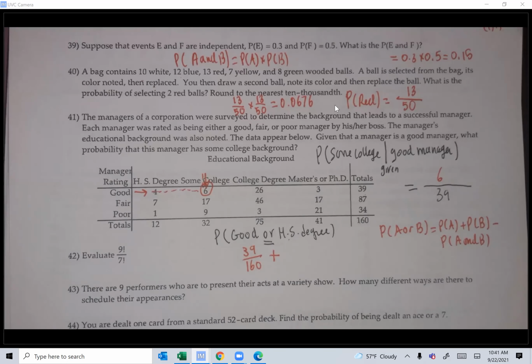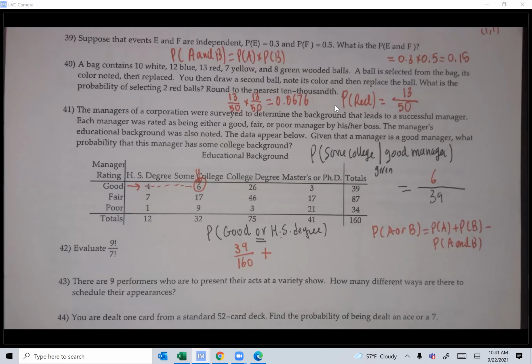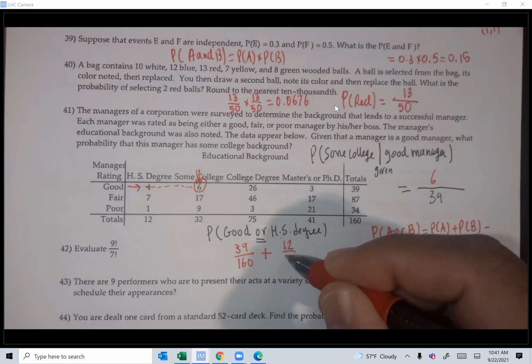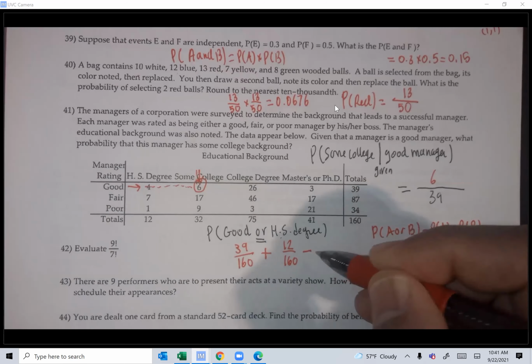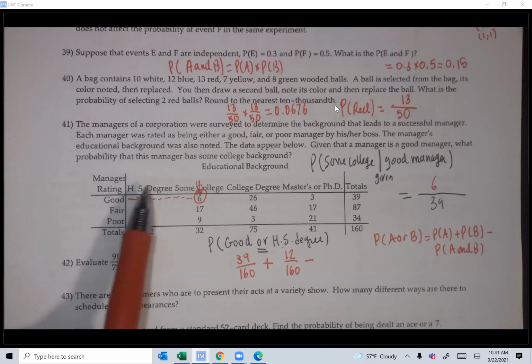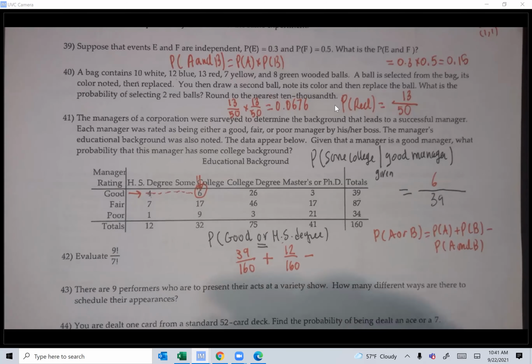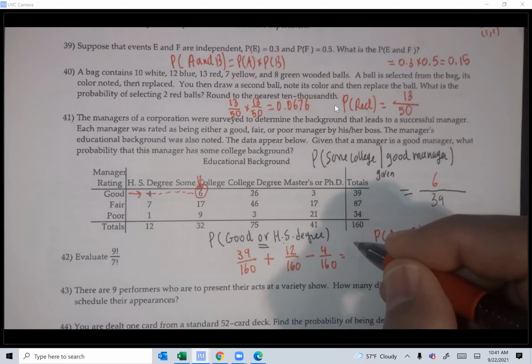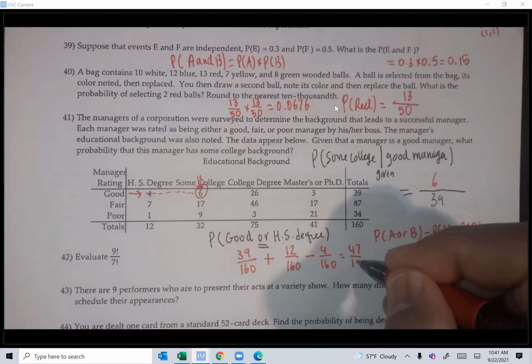Can a student tell me what that answer would be for high school degree? 12. Minus, always with OR you have to minus the intersection. High school and good, which is 4, guys. So 47 over 160, that's the answer.